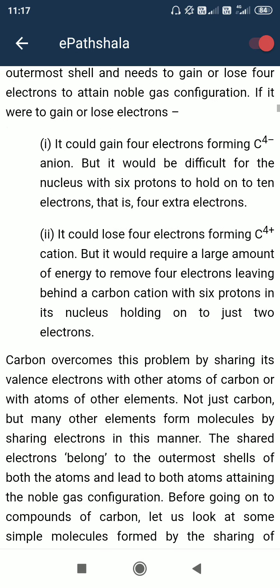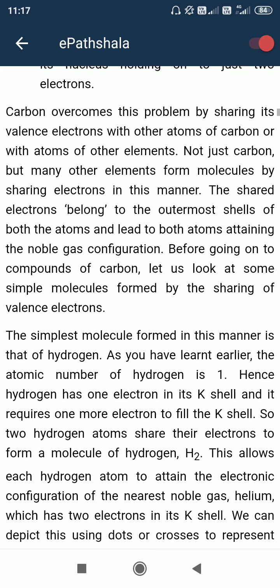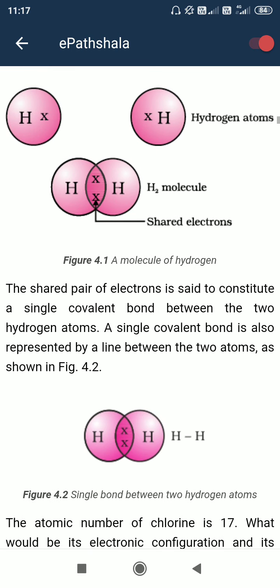So see here what is happening. When a hydrogen molecule is formed, hydrogen molecule means H2, in case of H2, the hydrogen is lacking 1 electron to be stable, so 1 electron may be used from another hydrogen.